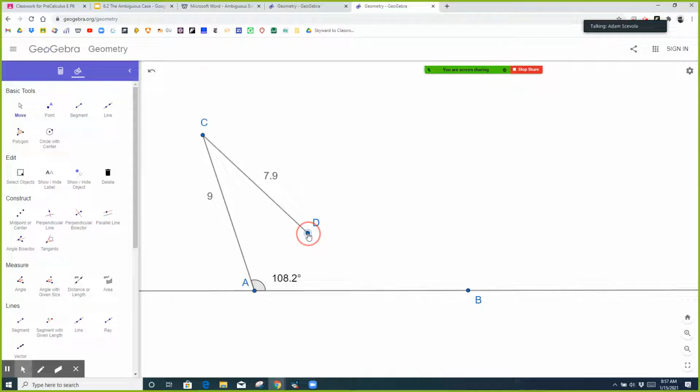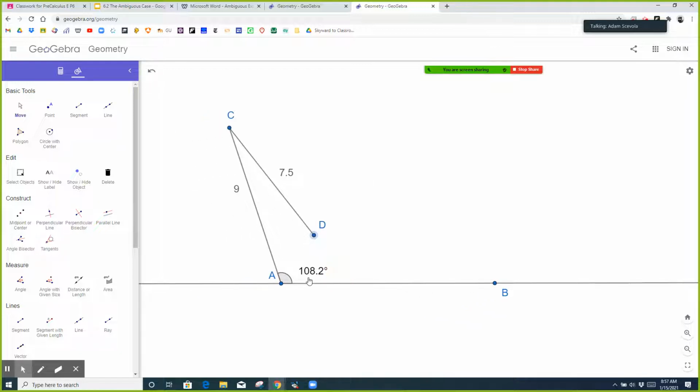There's no triangles that could be made. So if I said, find the missing sides and angle of a triangle where the given angle is 108.2 degrees, the side adjacent is 9 centimeters, and the side opposite is 7.5 centimeters, you would eventually say, that's impossible. You can't make a triangle like that.